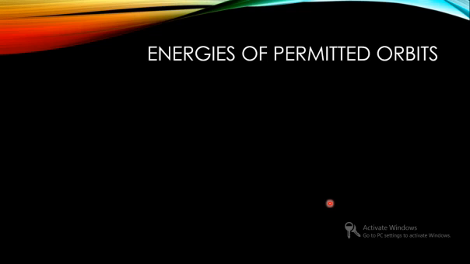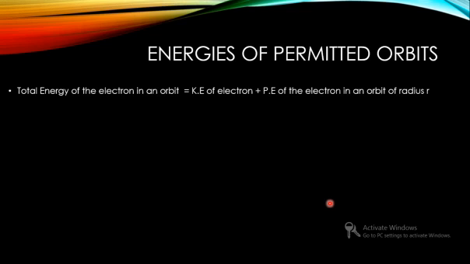Now let us come to the energy of the electron in the allowed orbits or permitted orbits. So the total energy of the electron in an orbit is given by, as you know, just the sum of the kinetic energy of the electron and the potential energy of the electron in whichever orbit it occupies. So the kinetic energy expression is given by half m v square, while the potential energy is given by the electrostatic potential.